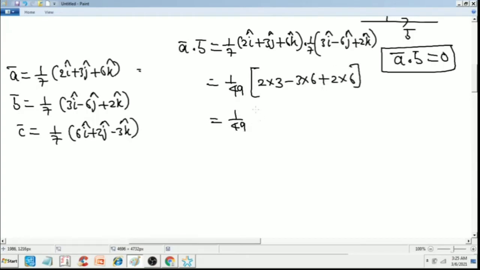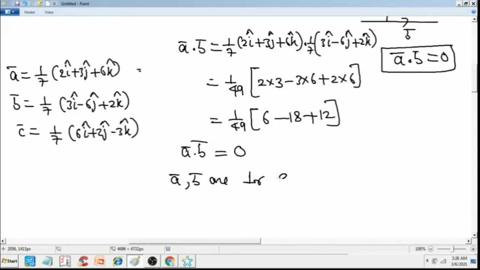So 1 by 49, 2 times 3 is 6, 3 times 6 is 18, 2 times 6 is 12. So the result will become 0. A dot B is equal to 0, and therefore A and B are perpendicular to each other.